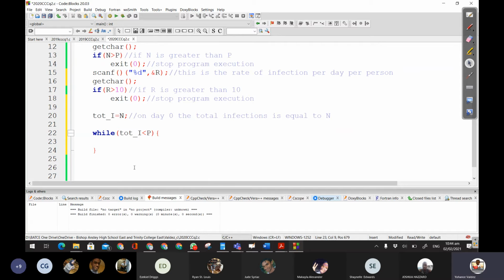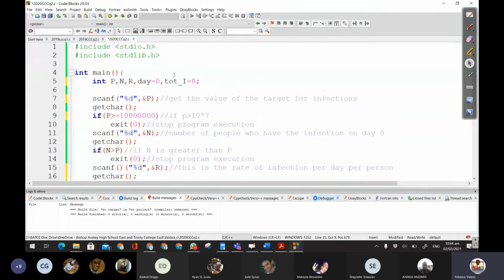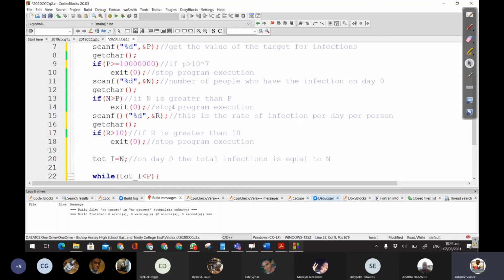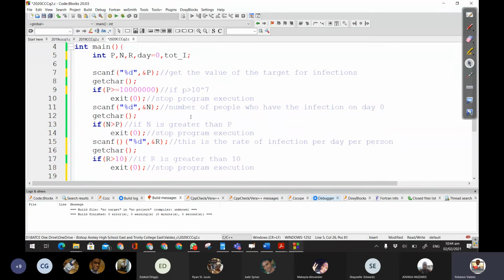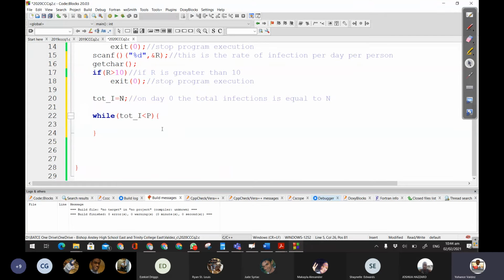We want to let the days go by and see how it goes up day by day. So we're still on day 0 here, right? But what happens on day 1? So we have day and we have total infections being equal to the value of n, right? And what happens on day 1?